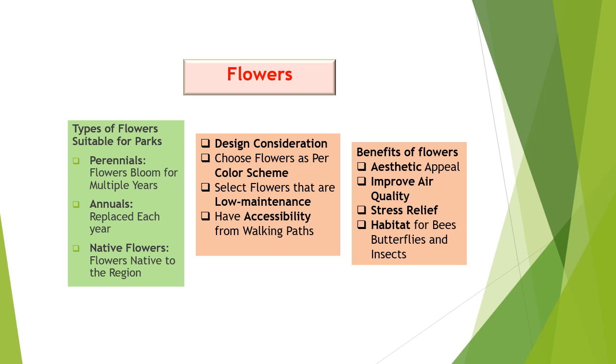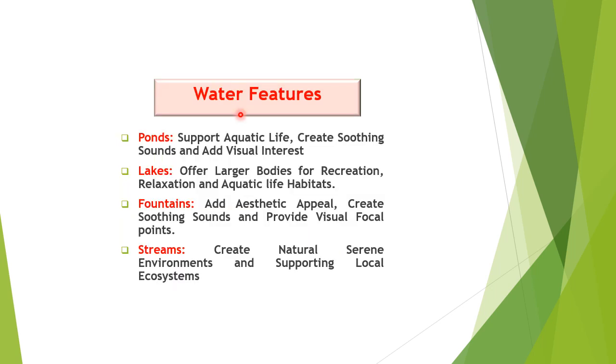per the requirement. Then after that, you can add certain water features in a park, which can be ponds, lakes, a fountain, or a stream, depending upon the location. A pond can support aquatic life, and lakes offer larger bodies for recreation, relaxation, and aquatic life habitat.